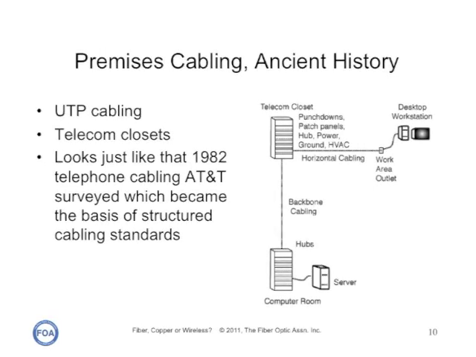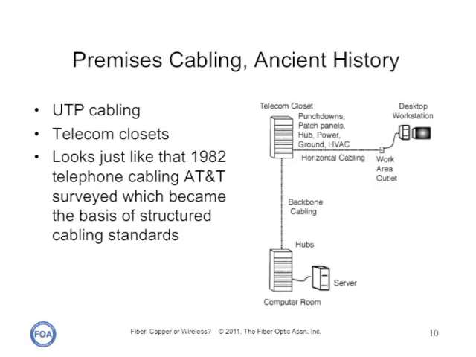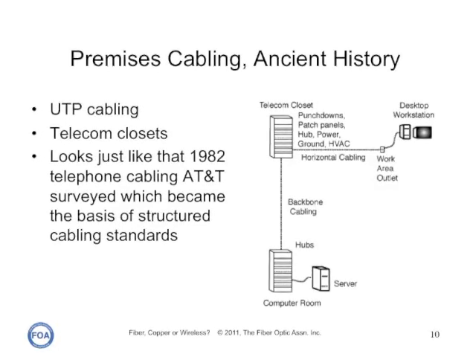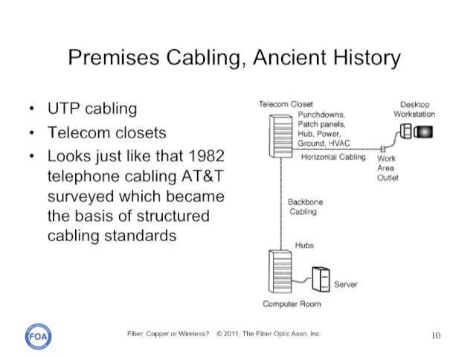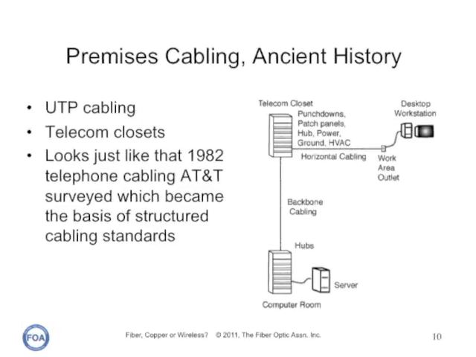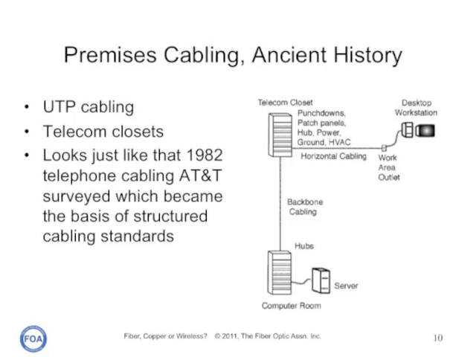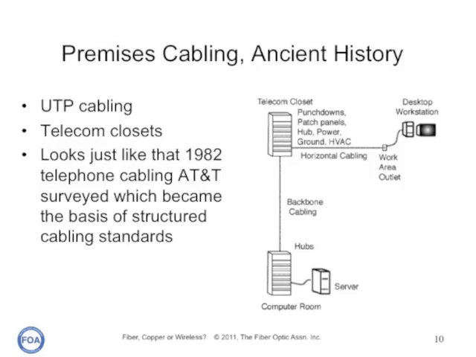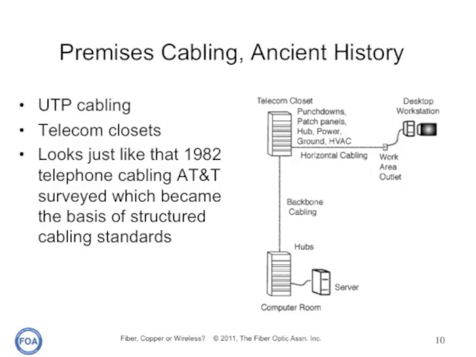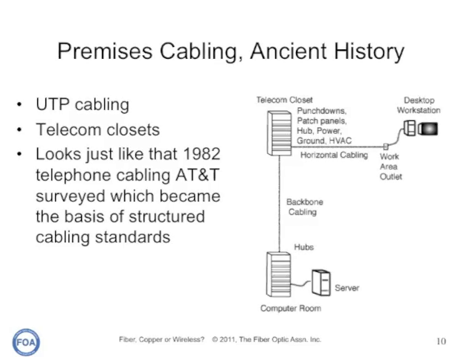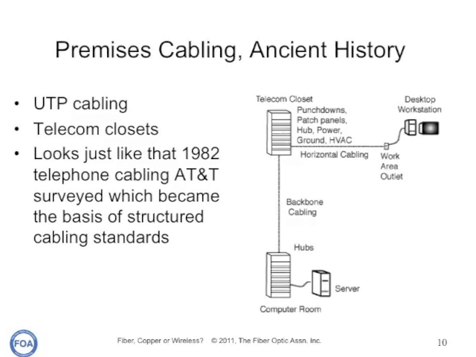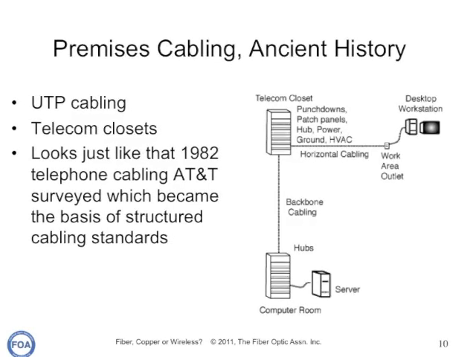Premises cabling became standardized on UTP as local area networks moved to twisted pair copper from coax. And the architecture of premises cabling looked just like the 1982 telephone cabling that AT&T surveyed, and that became the basis of structured cabling standards.